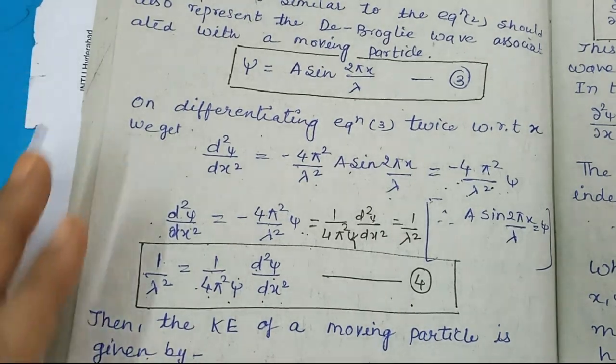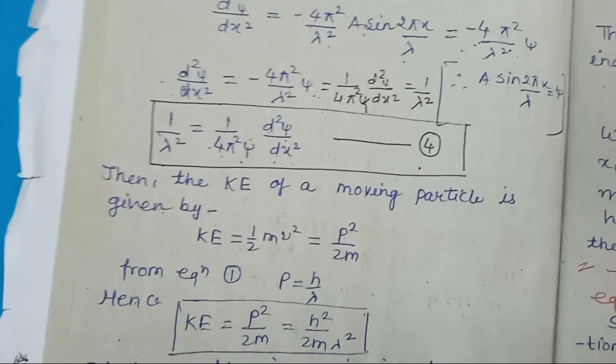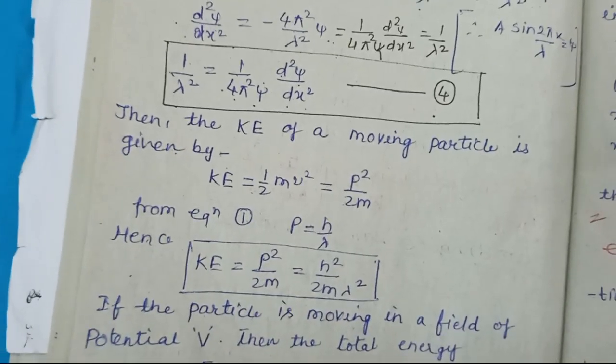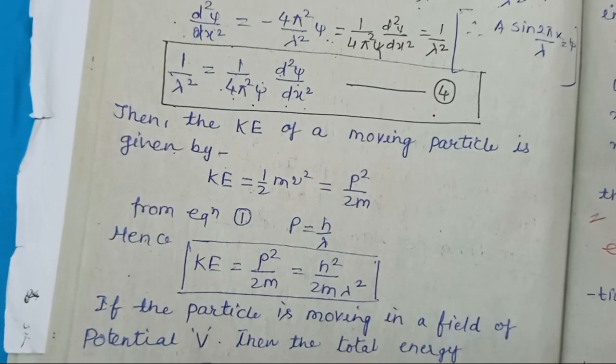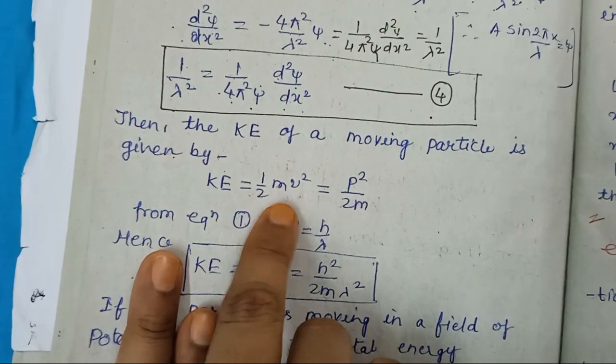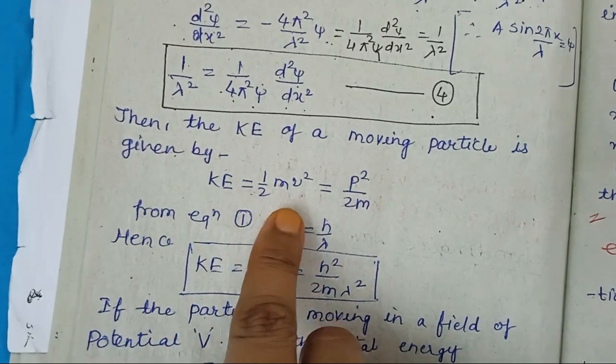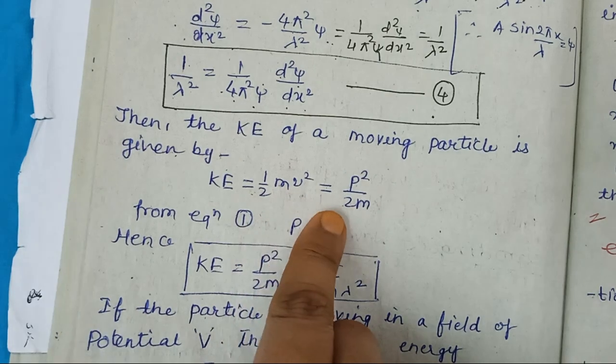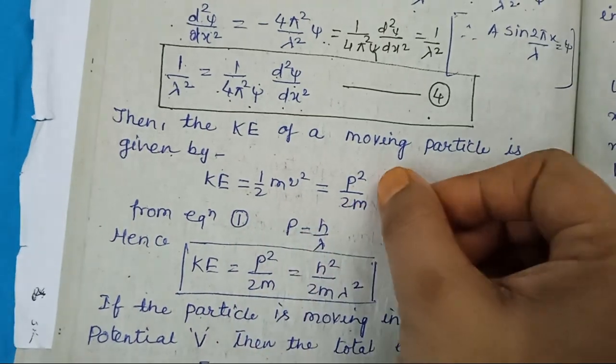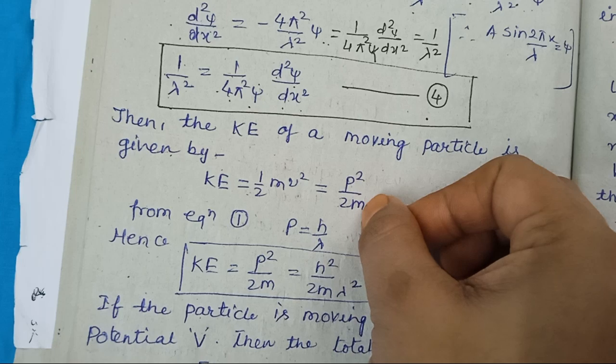Now, if a particle has mass and velocity, then the kinetic energy of the particle can be written as 1 upon 2 mv square, or p square upon 2m.